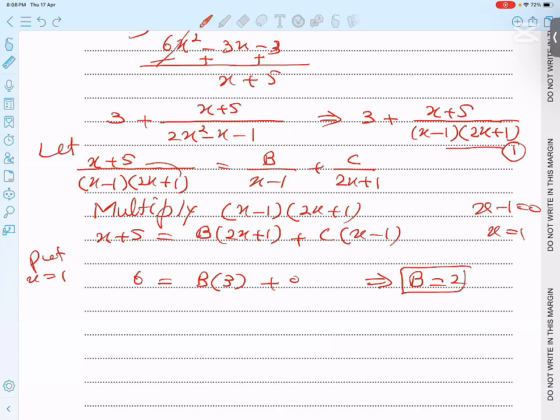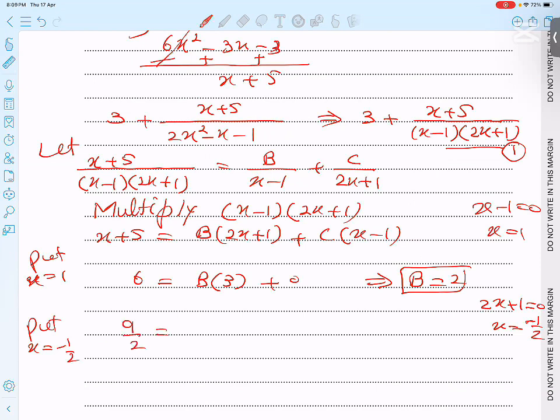So now I'm going to keep the second equation 0. So x value becomes negative 1 over 2. I'm putting it in the whole equation. So when I plug in negative 1 over 2 here, I have to do it carefully. Negative 1 over 2 plus 5, I'm getting 9 over 2, sorry.